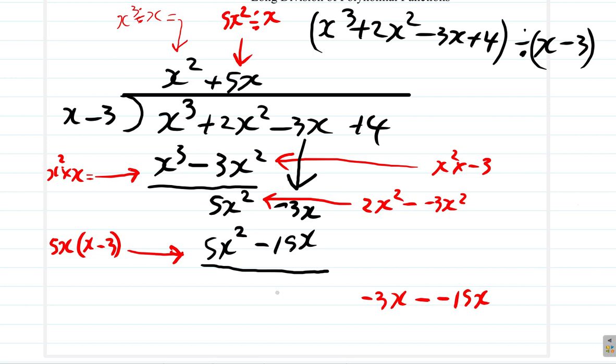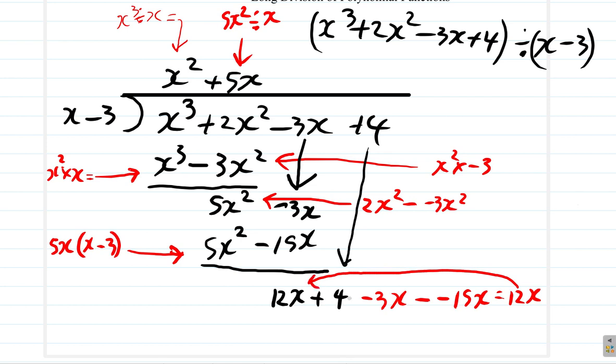You will end up with a positive 12x here. Right? So this is going to be 12x. You put it here. Then we bring down our plus 4. You see that? This 12x is this. We bring down our 4.